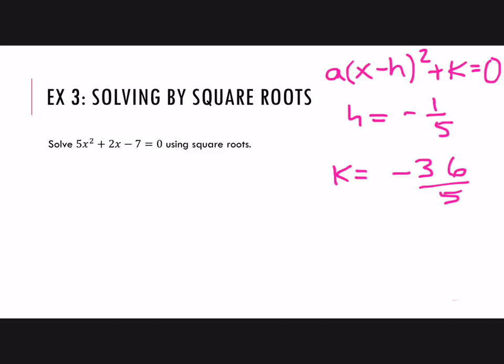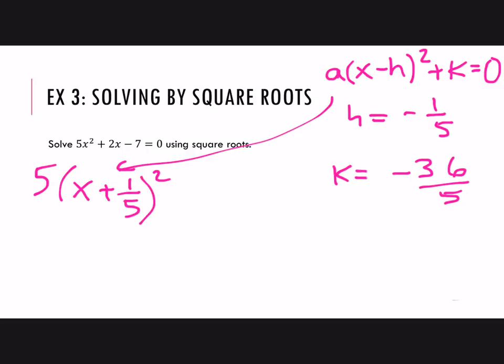We already know a, that's 5, and then in parentheses x minus a negative 1/5 is plus 1/5, squared, and then minus 36/5 equals 0.